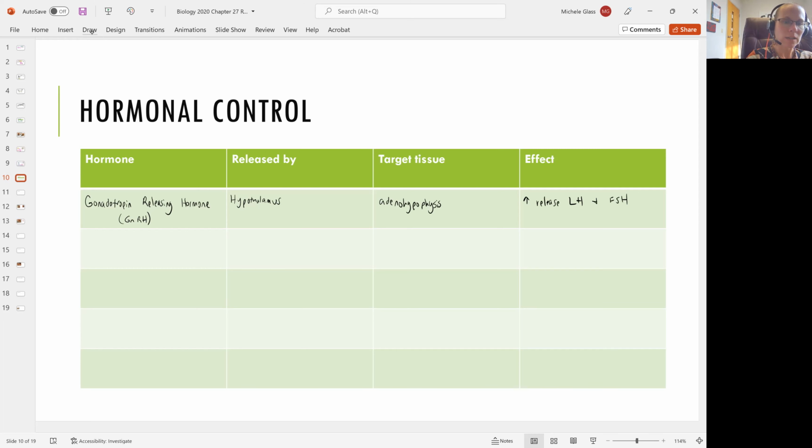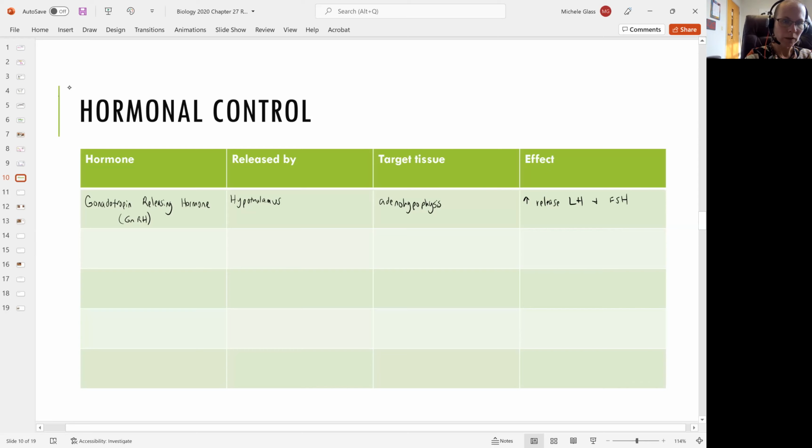The LH stands for luteinizing hormone. Luteinizing hormone is abbreviated LH.